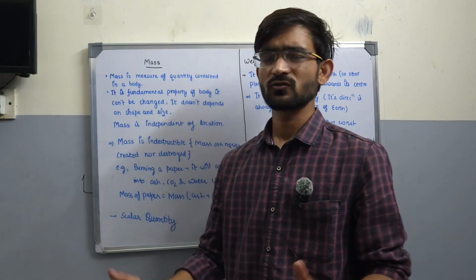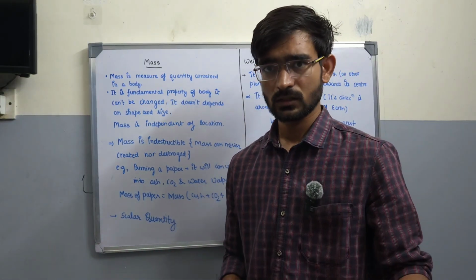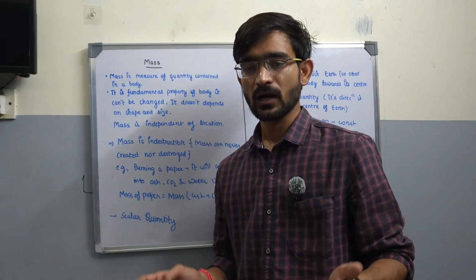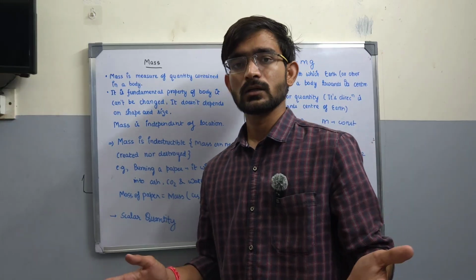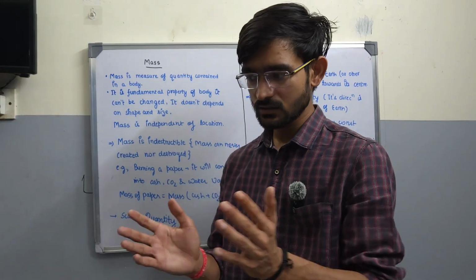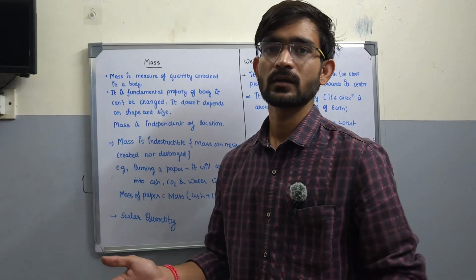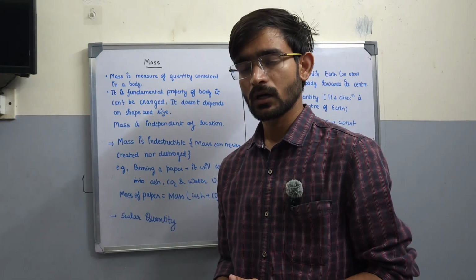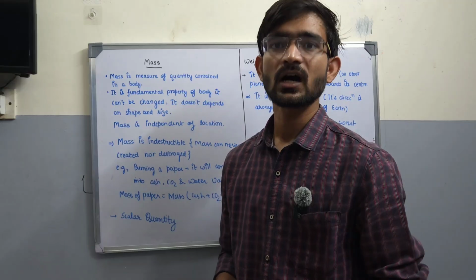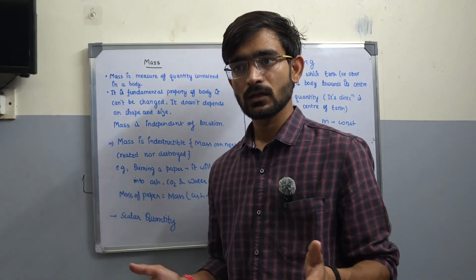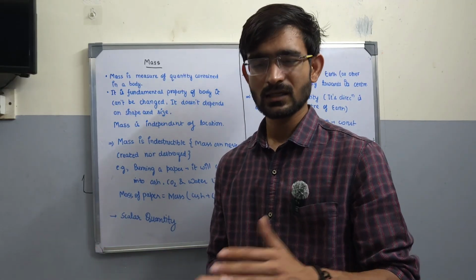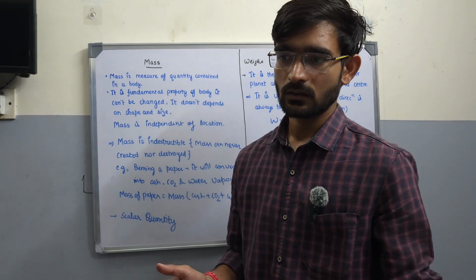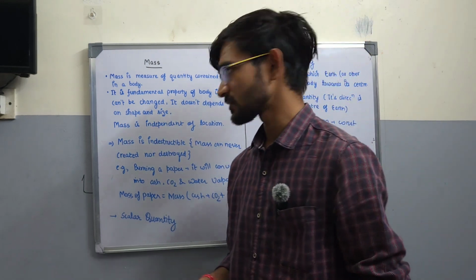That means mass does not depend on shape and size. If a particle is dense, meaning its atoms are arranged very closely, then it will have more mass in less shape. And if a particle's atoms are arranged very far apart, then its mass will be less in less surface area, or you can say less shape.